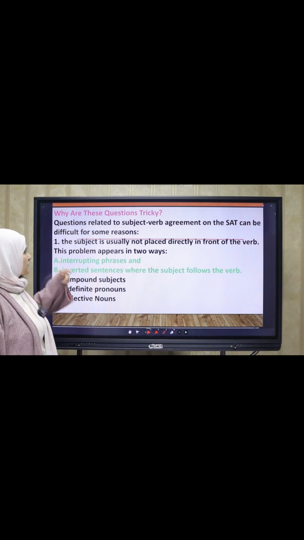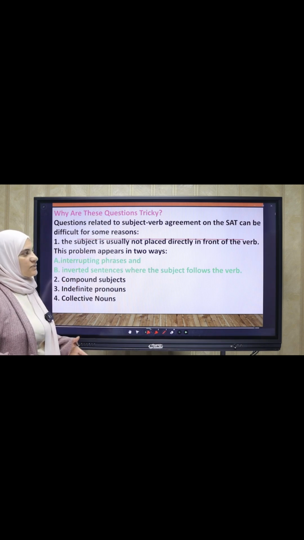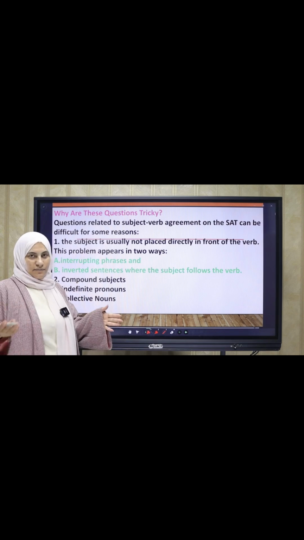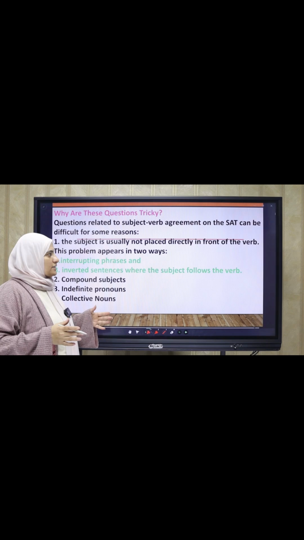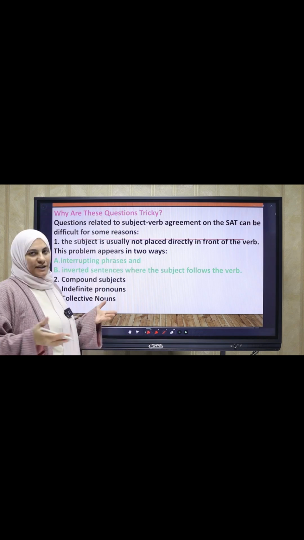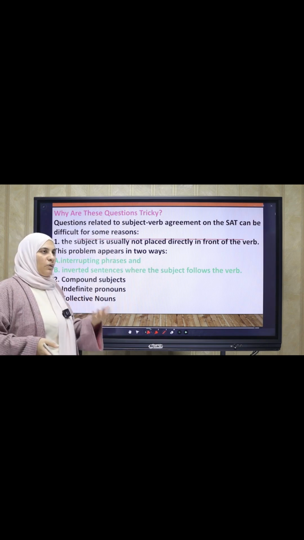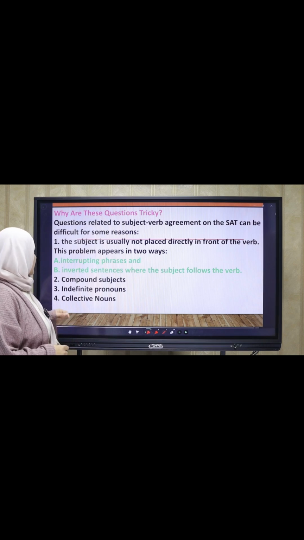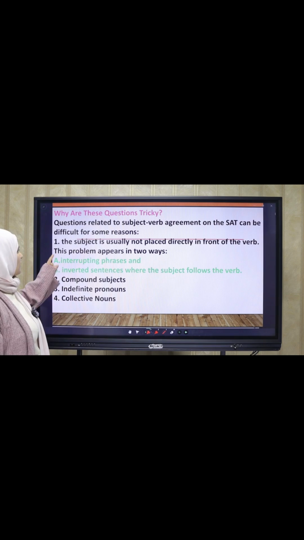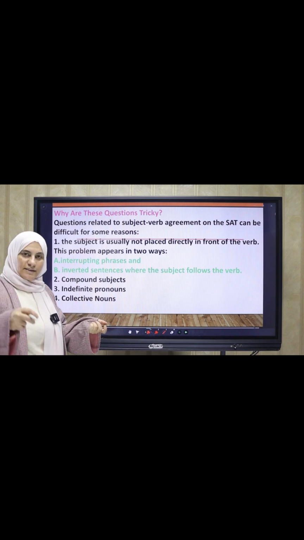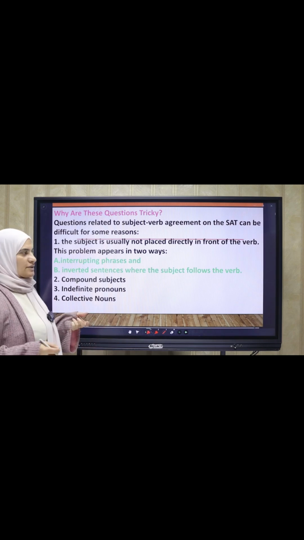One, the subject is usually not placed directly in front of the verb. Okay, here the subject and verb may be separated with interrupting phrases like non-essential clauses, prepositional phrases, or appositives. Okay, so this is the first problem here that makes a subject-verb agreement error on the SAT challenging and tricky.